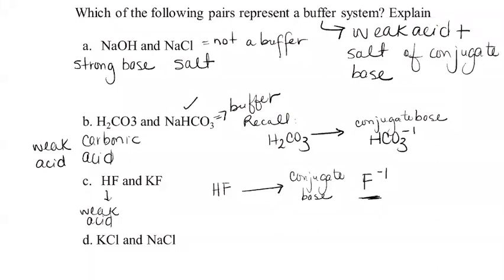So what do you guys think? HF and KF, is that a buffer or not a buffer? I agree with Katie. I agree with Maria. So HF and KF, that is a buffer.